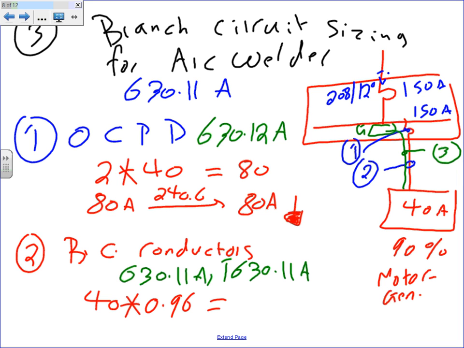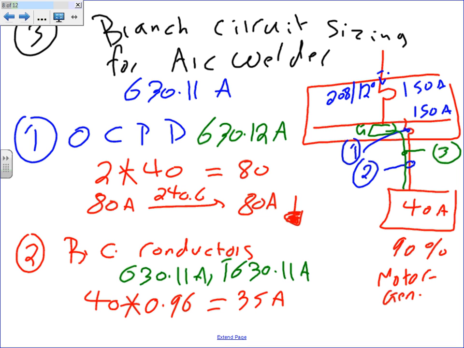Can you guys give me the answer for this, please? 35 amps. Okay, so you take the amps and derate or modify them based on the cycle, and that gives 35 amps. Chris, did you say 38?